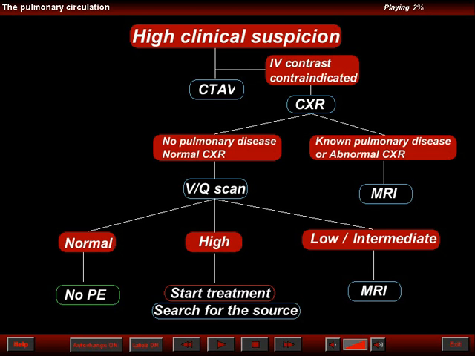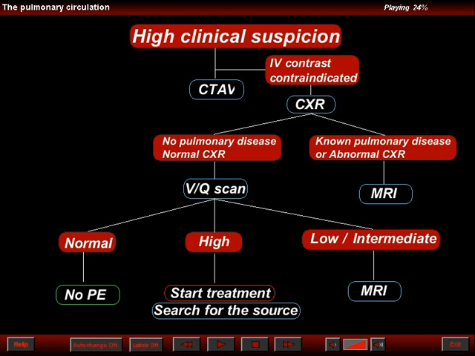If the administration of intravenous contrast material is contraindicated, there is no known history of pulmonary disease, and the chest roentgenogram is negative, then a ventilation perfusion scan should be performed. If the VQ scan is normal, then pulmonary embolism can be excluded and no further workup is necessary.